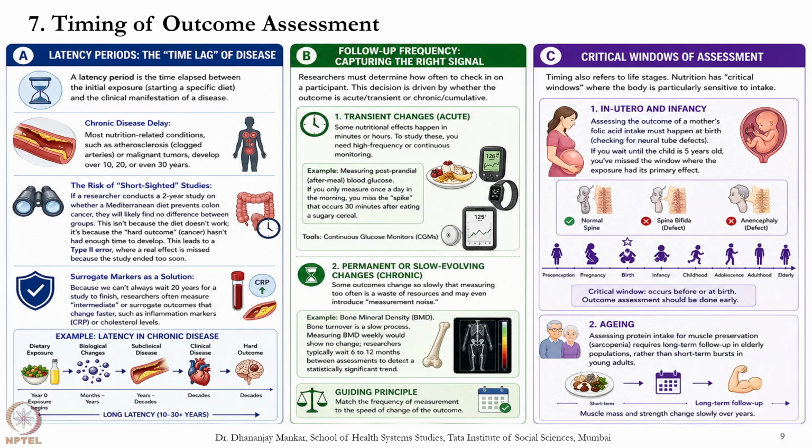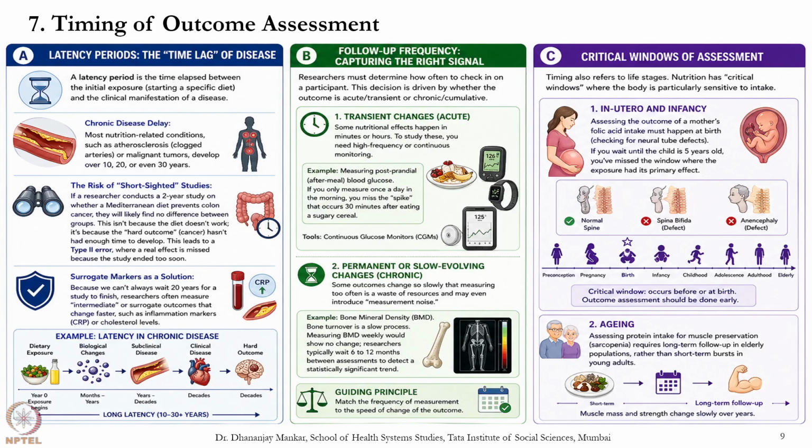It is a guiding principle that the frequency of measurement must match the speed of the changes in the outcome. Critical windows of assessment: in utero and infancy. Assessing the outcome of a mother's folic acid intake must happen at the birth of the child. If you wait until the child is 5 years old, you may miss the window where the exposure has its effect: normal spine versus spina bifida and anencephaly. So you may see preconception, pregnancy, birth, infancy, childhood, adolescent, adult and elderly.